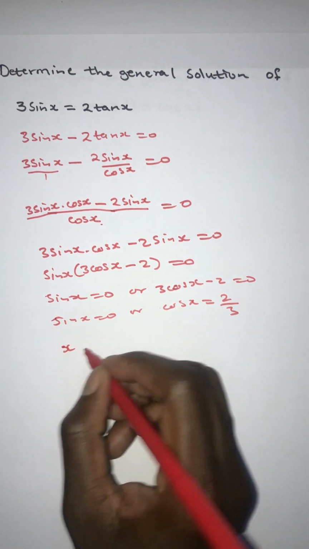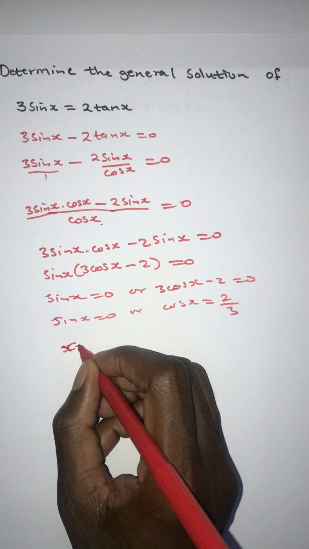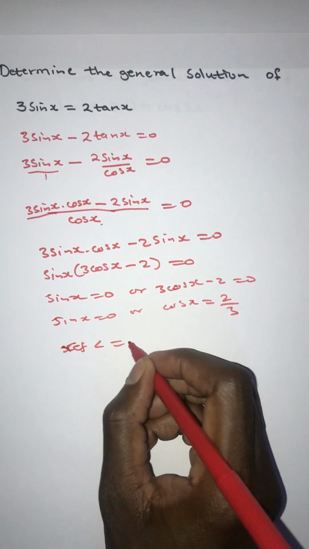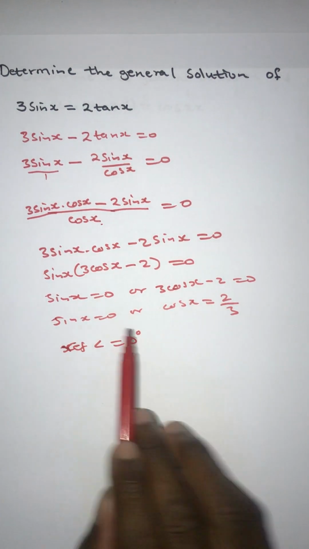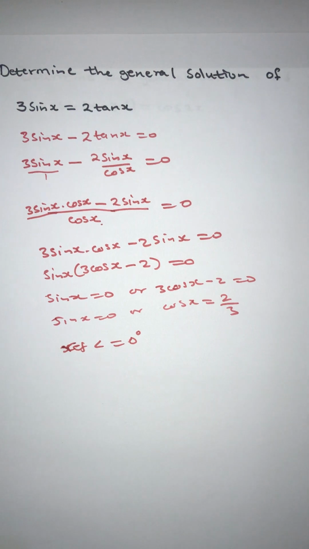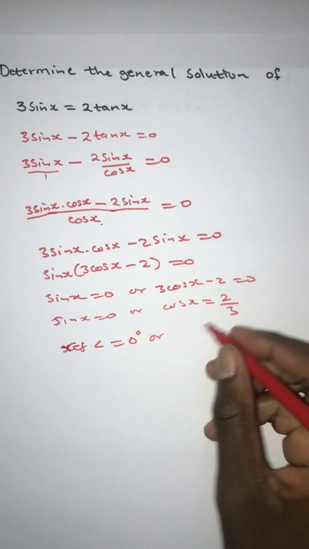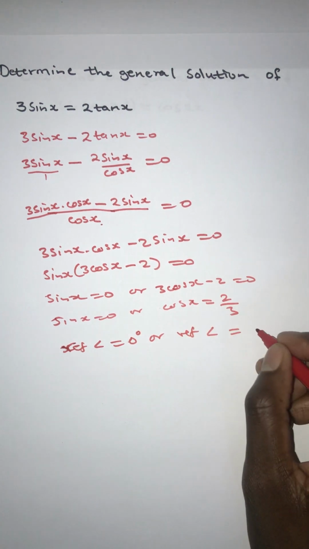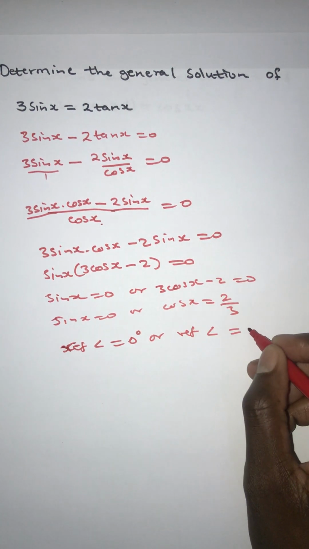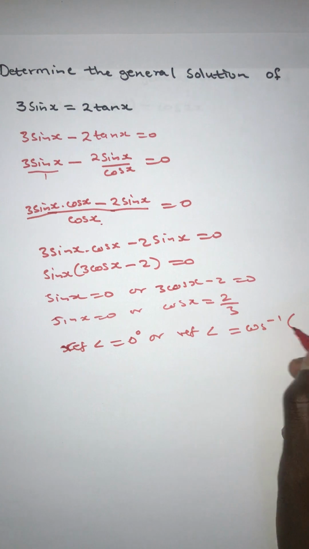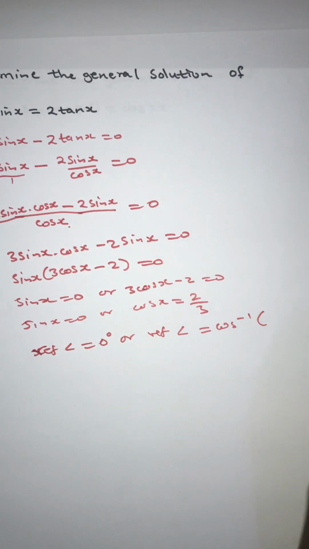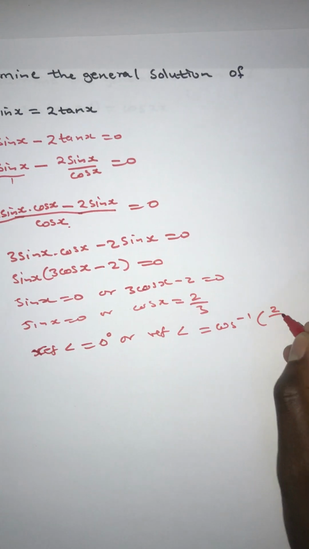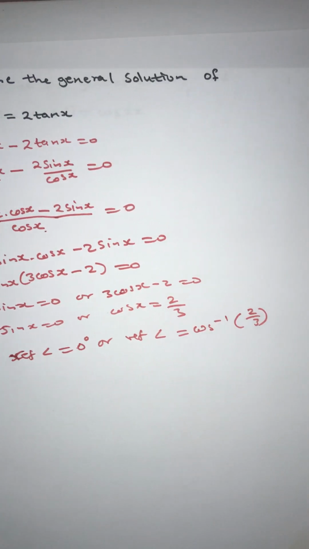Let's say the reference angle is just 0, because the sine of 0 is 0. It won't change anything. And then the reference angle this side is what? Since it's cos of x equal to 2 all over 3, just like that.